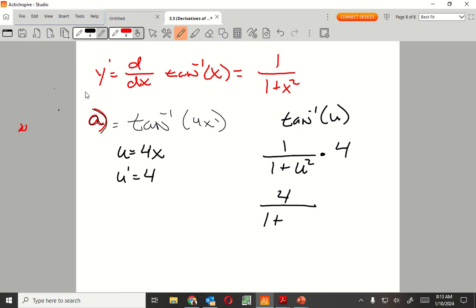What's 4 squared? 16. And x squared. We had a problem like this yesterday also, when it was a squared squared. How you guys feel about that? Pretty solid, right? Okay.